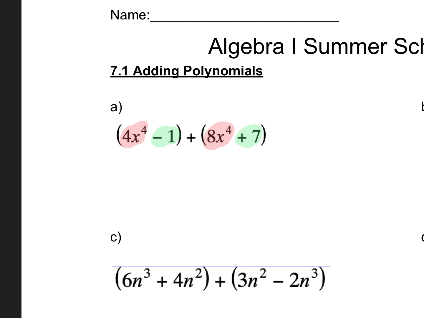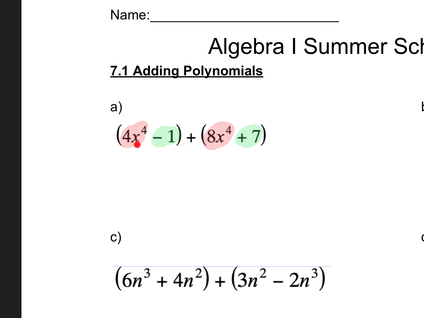So for the red ones that I highlighted, we have 4x to the fourth and 8x to the fourth. And the operation that's happening is we're adding. I know these parentheses might kind of throw you off, but just think of them as grouping these together, and then you're adding it to this polynomial. So we'll take 4x to the fourth and add it to 8x to the fourth, and then we'll take -1 and add it to +7.